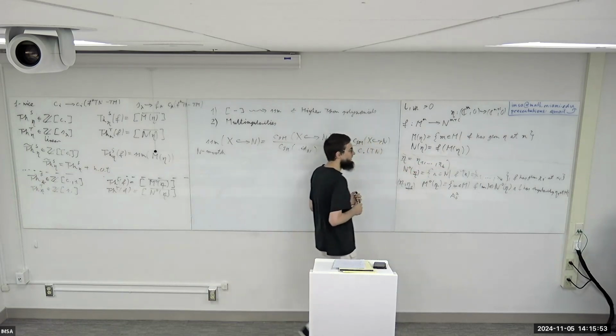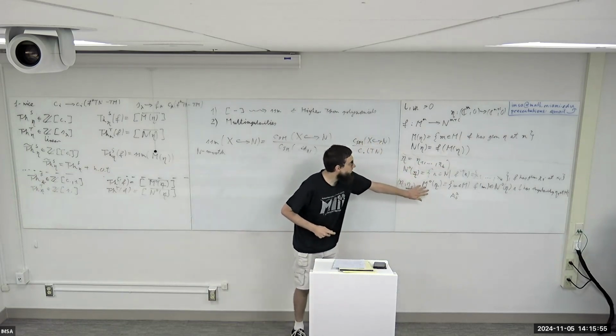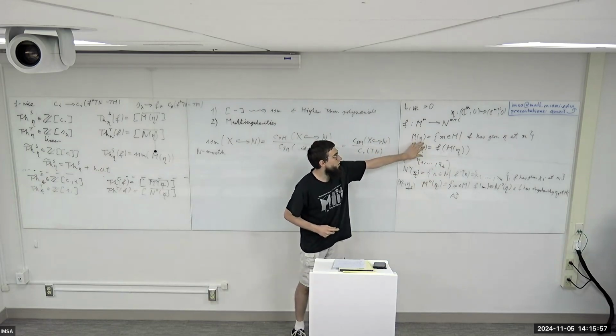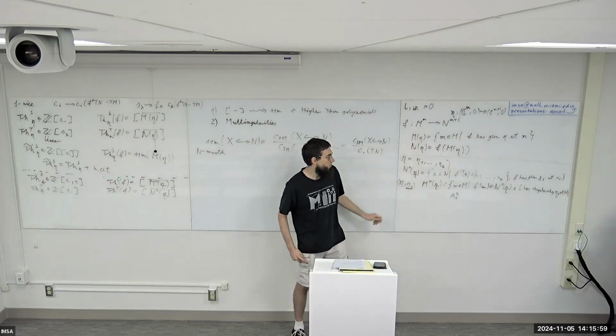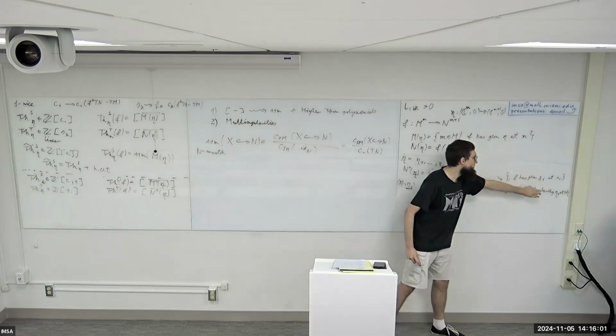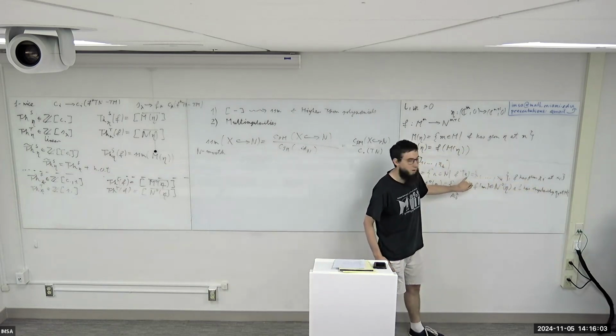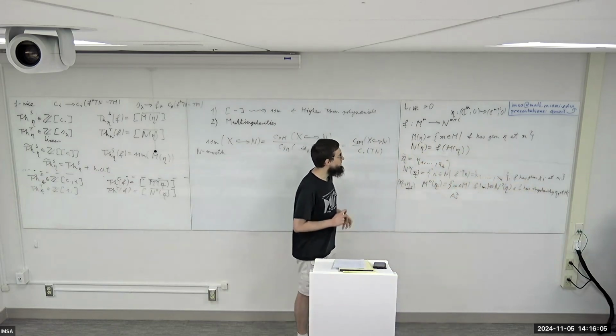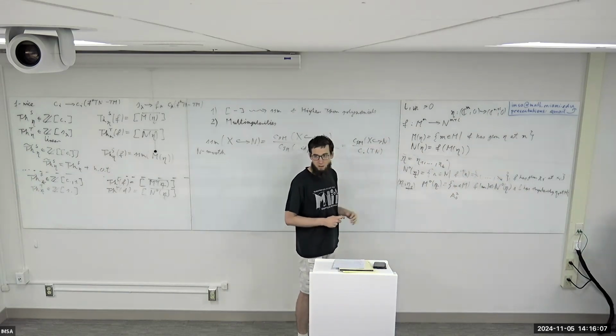eta bar equals eta 1, then this set does not coincide with this set here, because here we have the additional assumption that f has exactly one pre-image. But the closures coincide.